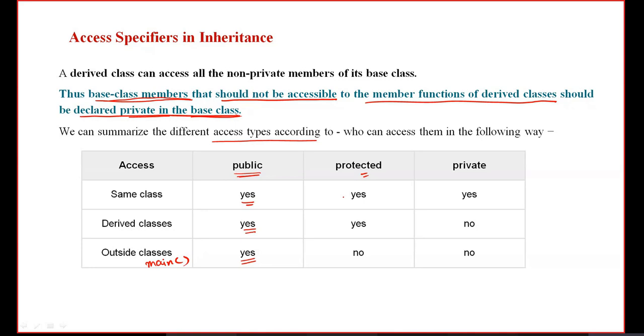If it is protected, then such members are accessible in the same class. Definitely they are accessible in the derived class. Just now we saw they are accessible and they are kept in the protected part of my derived class. And if the inheritance is protected, then we will not be able to access it from the main directly.